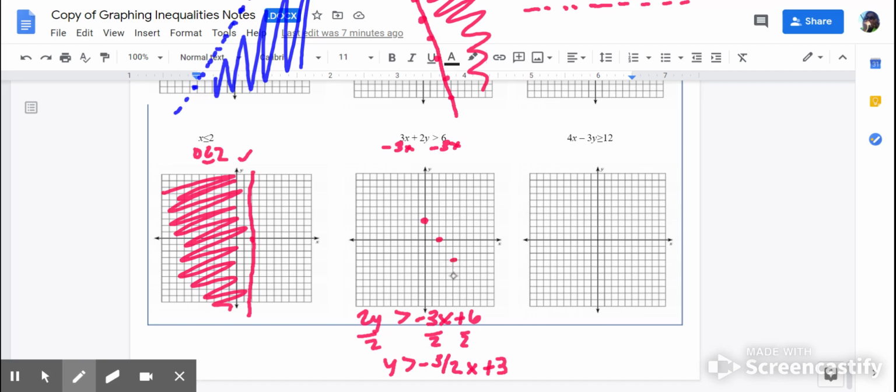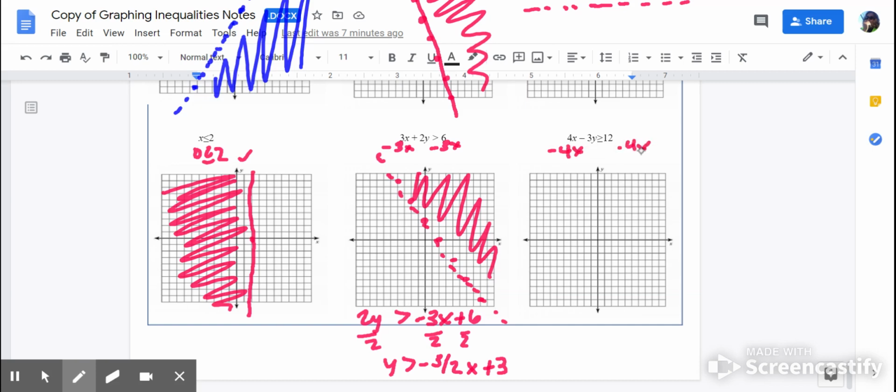Or I can go back to my y-intercept and go up 3 to the left 2. Notice it is just greater than, so I'm going to make a dotted line. And because it is greater than, it needs to be on top of the line. And you can use the check method if you needed to.